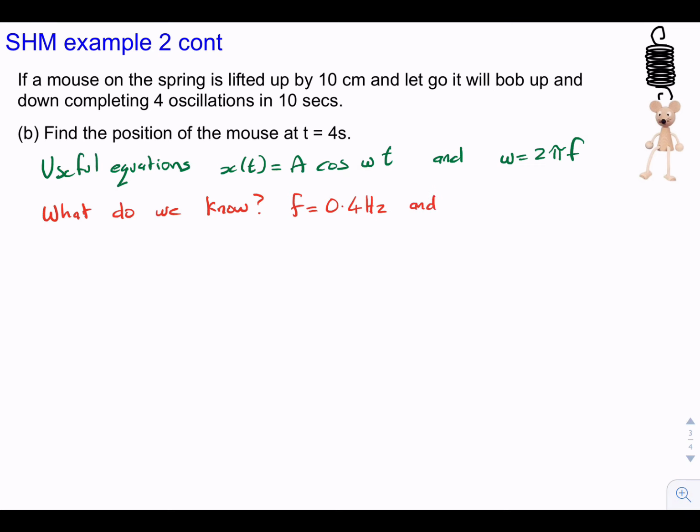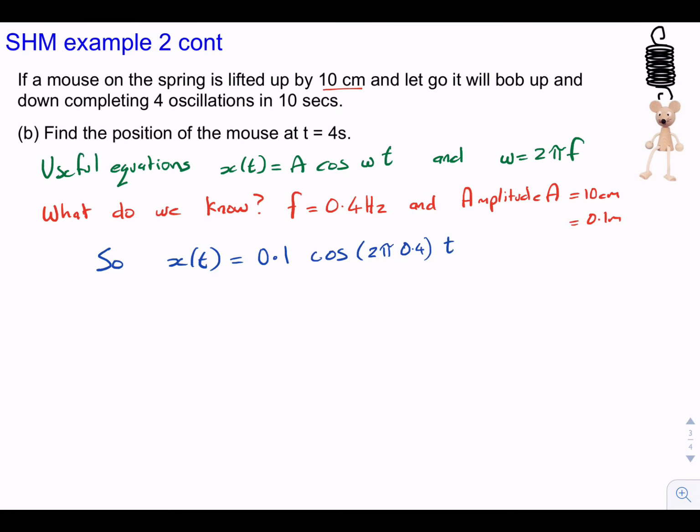And we know our amplitude, A, is 10 centimeters, and we'll put that in meters to put into the equation, so it's 0.1 meters. So x(t) equals 0.1 cos ωt, and we know that because ω equals 2πf, we can sub in 2π × 0.4 × t, and t is, in this question, 4 seconds.